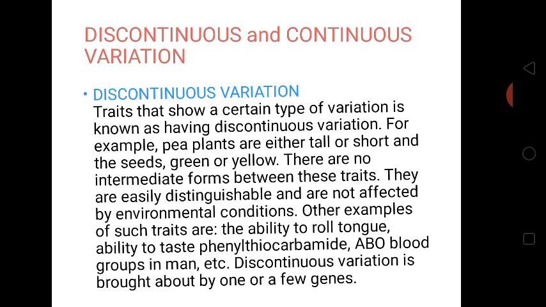They are easily distinguishable and are not affected by environmental conditions. Other examples of such traits are the ability to roll the tongue, ability to taste phenylthiocarbamide (PTC), ABO blood groups in man, etc. Discontinuous variation is brought about by one or a few genes.